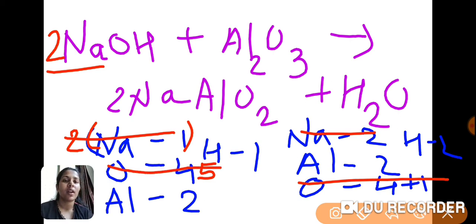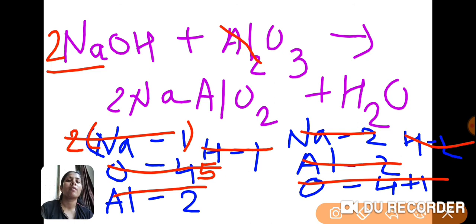Now if we check hydrogen, 2 molecules of hydrogen on the reactant side, because this NaOH is wholly multiplied by 2, so we get 2 molecules of hydrogen on the reactant side and the product side. Now if we compare aluminum, 2 molecules, and on the reactant side also multiplied by 2, we get 2 molecules. So everything is now balanced just by adding 2.